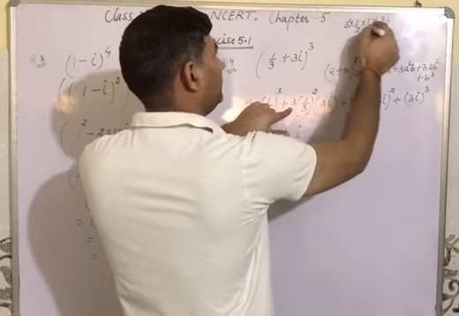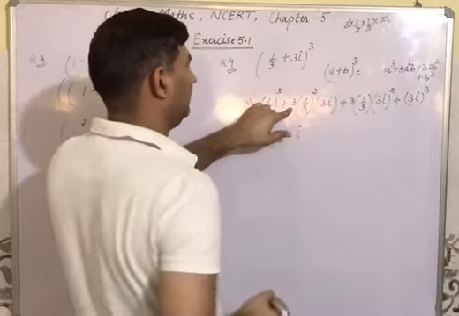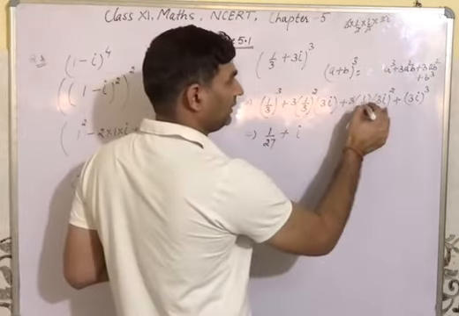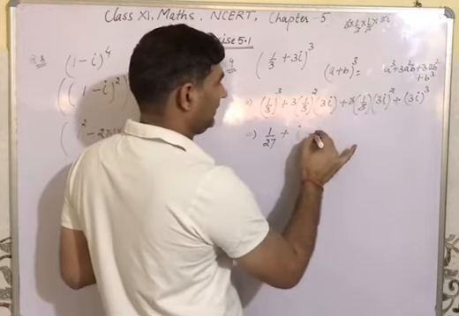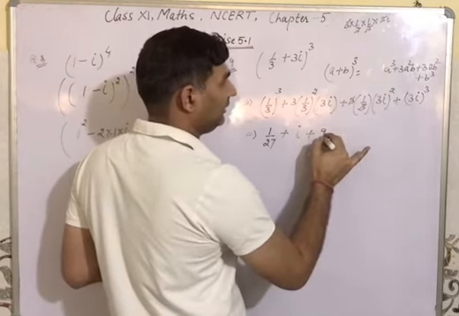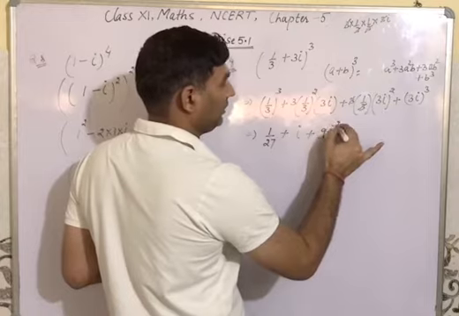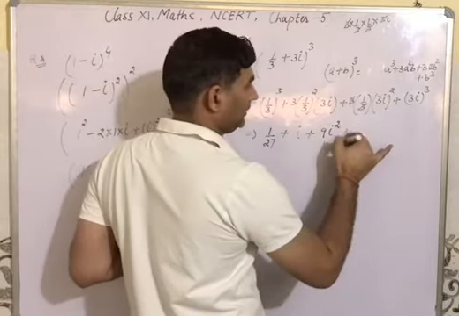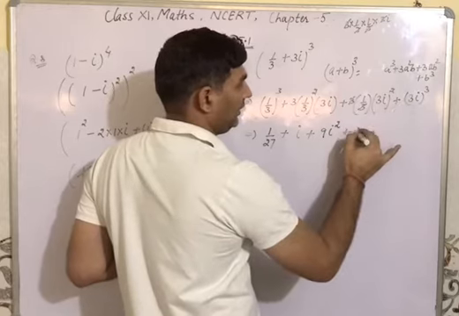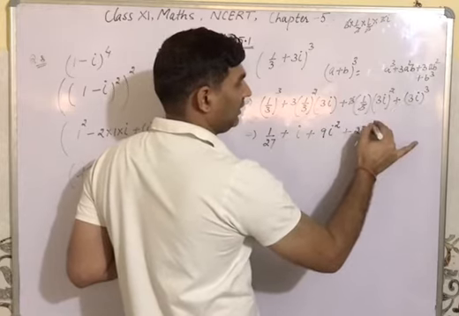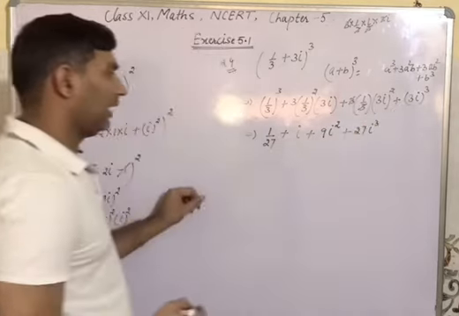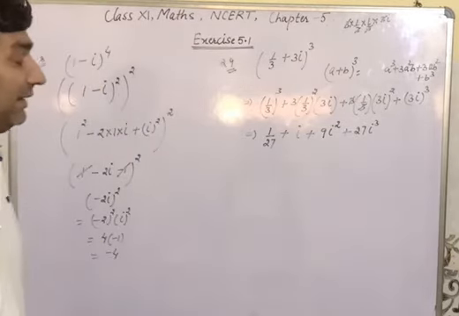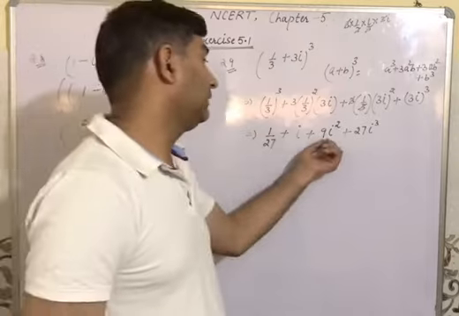This cancels out, and only iota remains. And then plus 9 iota square, and then plus 27 iota cube. Iota cube is minus iota and iota square is minus 1.